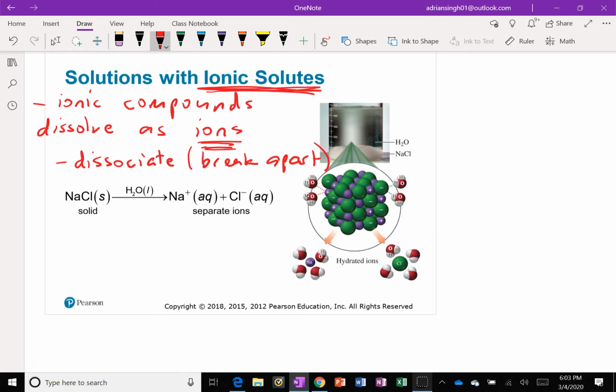So these ions then, we say that they become surrounded by water molecules. And when something becomes surrounded by water, we say that it is hydrated.